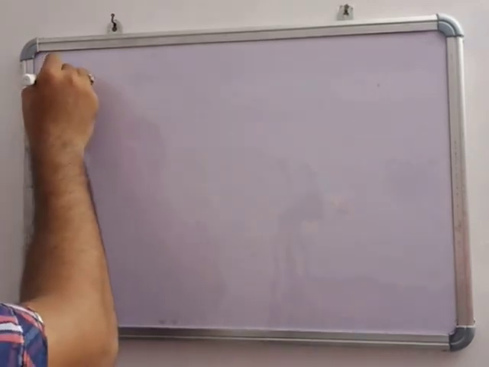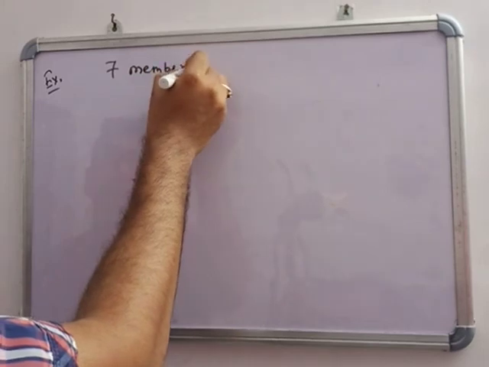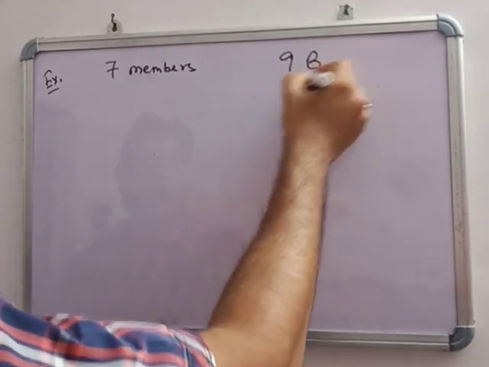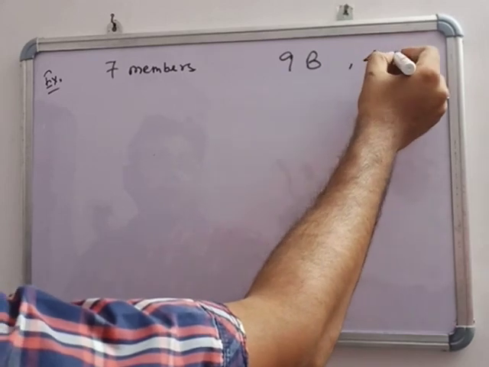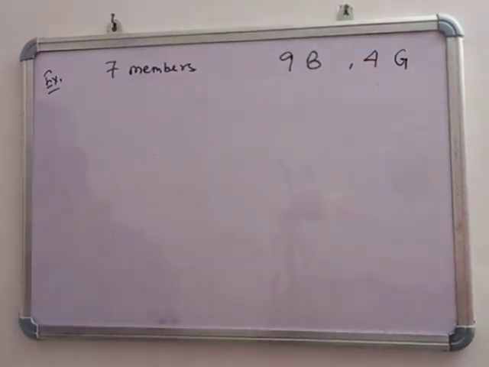A committee of 7 has to be formed. So 7 members will be there, from 9 boys and 4 girls. So how many ways can this be done when the committee consists of exactly 3 girls?